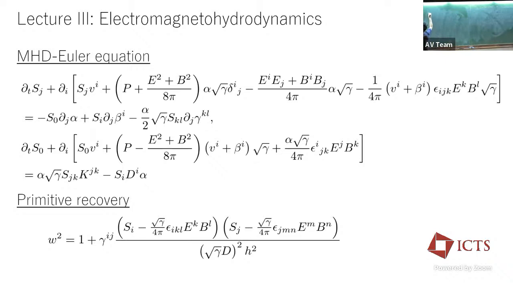Minus S^0 β^j plus α S^j is the minus S^0 β^j plus α here, γ_ij, ω.